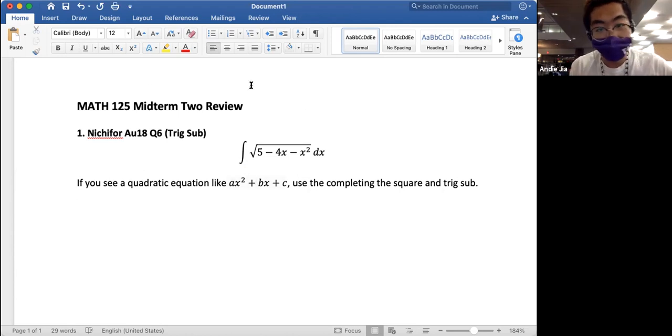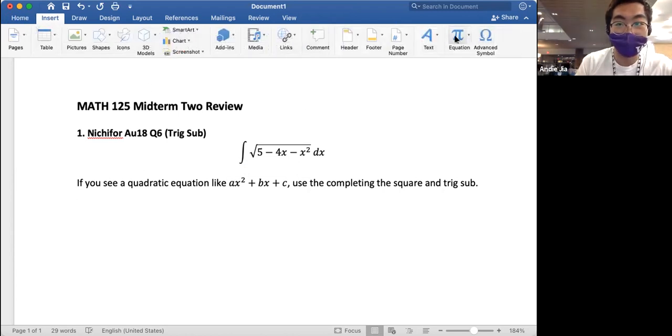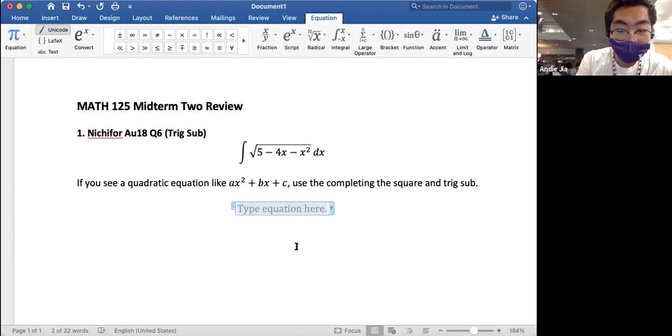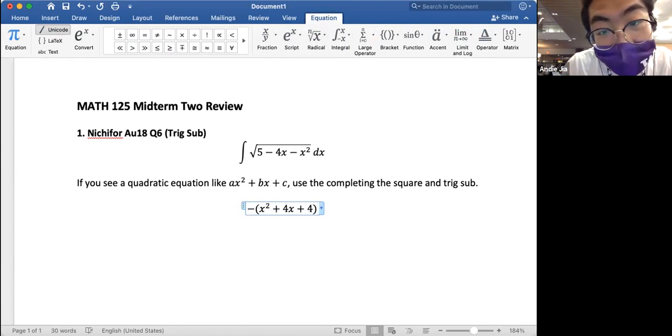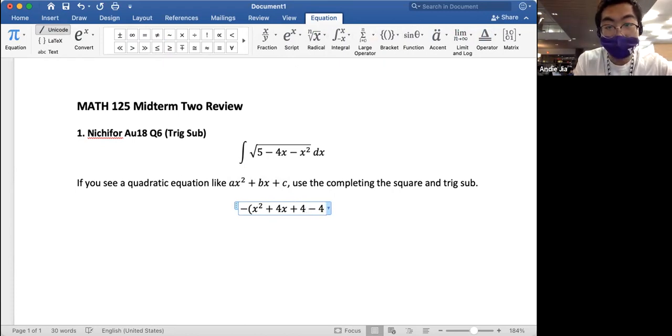So for this integral, what we have is negative (x squared plus 4x plus 4), minus 4 plus 5.